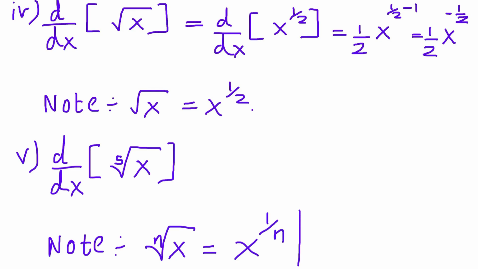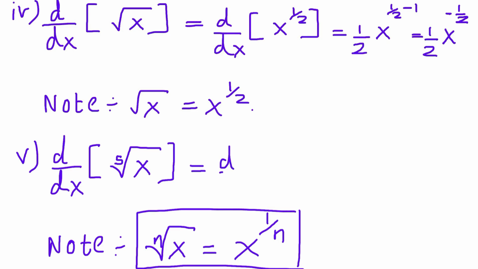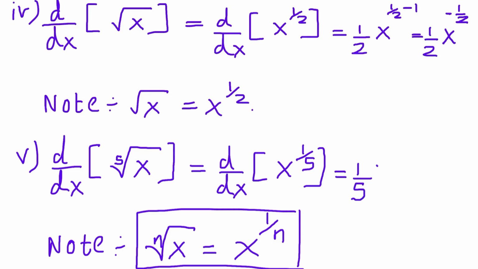So if you follow this notation, we can write down the derivative of fifth root as d over dx. Inside the bracket we can write x to the power 1 over 5. Then apply the power rule. The derivative becomes 1 over 5 times x to the power 1 over 5 minus 1.